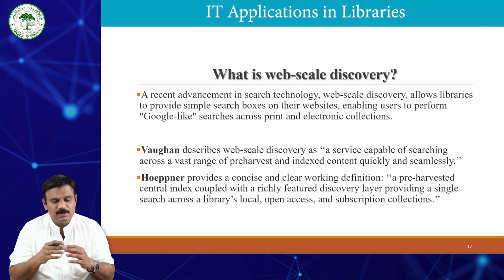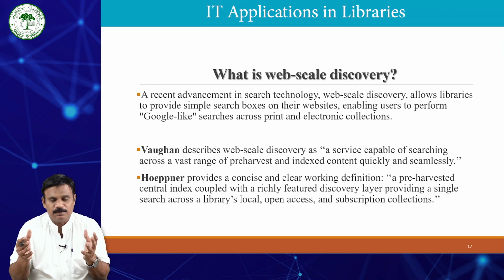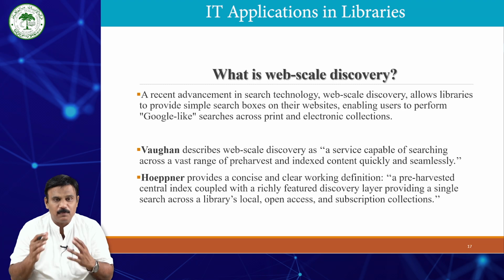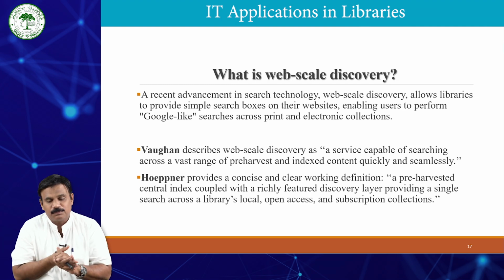Another definition is given by Hoeppner, I quote, a pre-harvested central index coupled with a richly featured discovery layer providing a single search across a library's local, open access, and subscription collections, unquote.